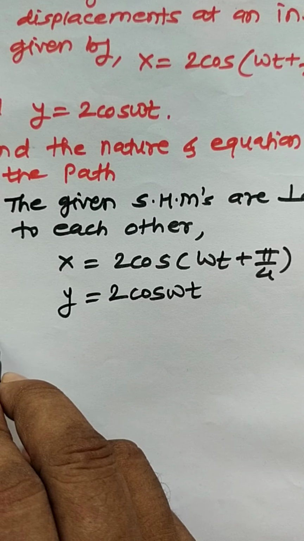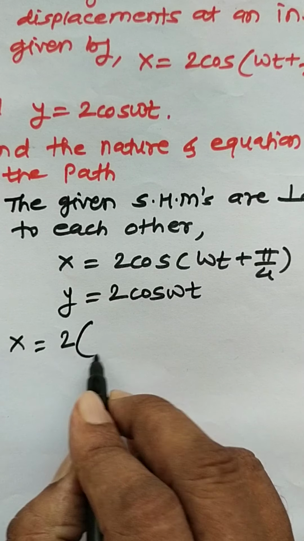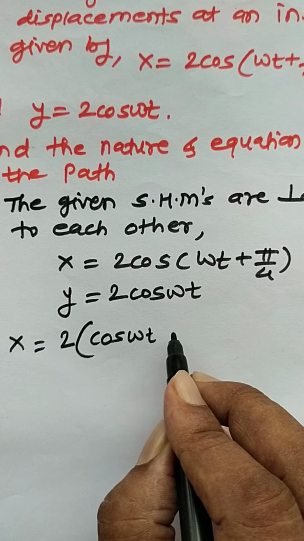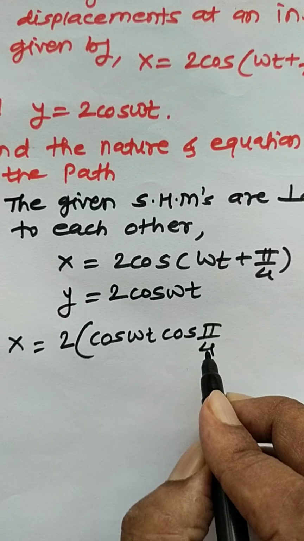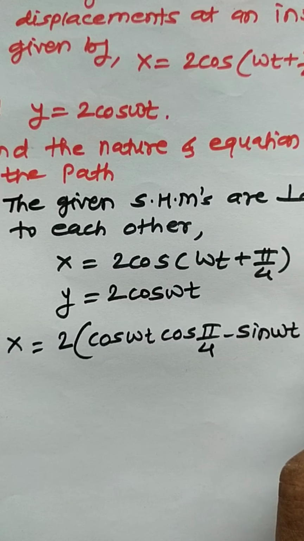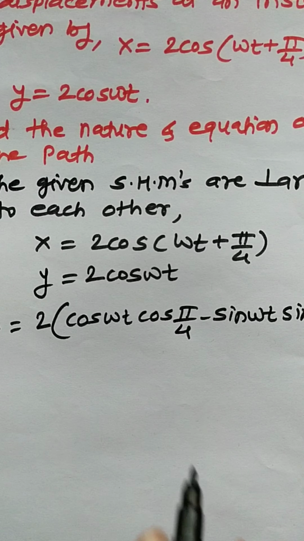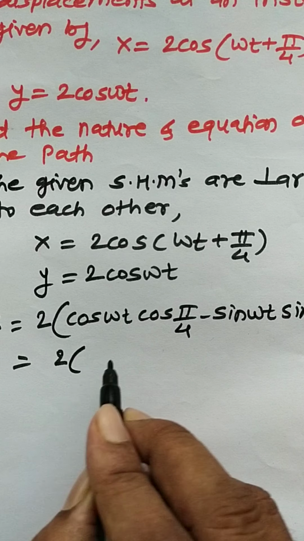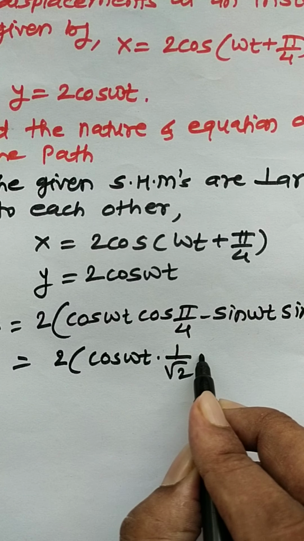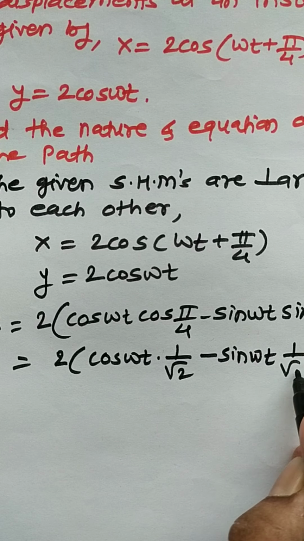Okay, and so therefore here x is equal to 2, here we write cos omega t cos pi by 4 minus sin omega t sin pi by 4, and here we write 2 cos of omega t into cos of pi by 4, 1 upon root 2, minus sin of omega t and sin of pi by 4, 1 upon root 2.